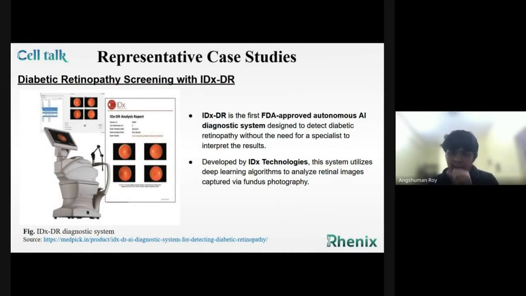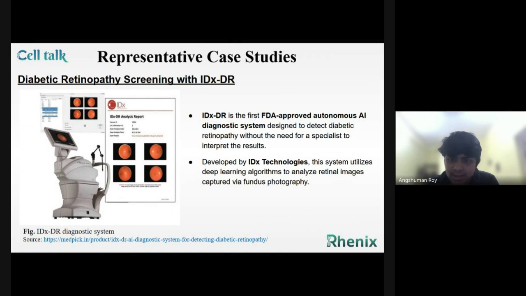Now, let's delve into this representative case study that highlights AI's practical impact in diabetic retinopathy screening with IDx-DR. IDx-DR was the first autonomous AI diagnostic system that was approved by the FDA. It is designed to detect diabetic retinopathy without the need for a specialist to interpret the results.